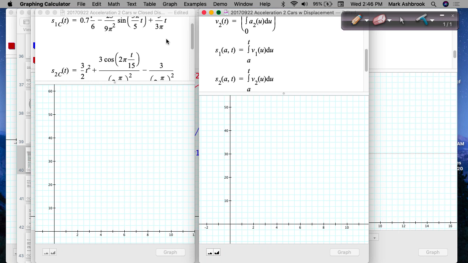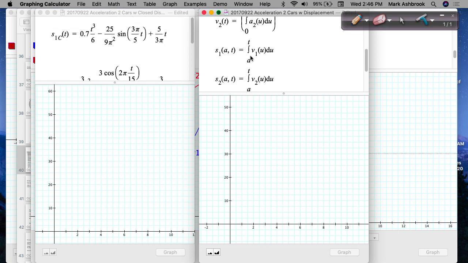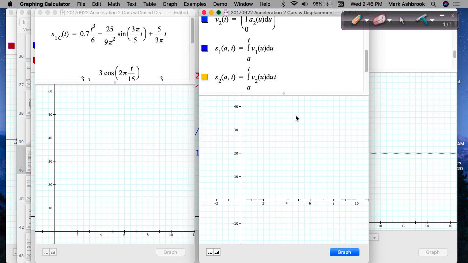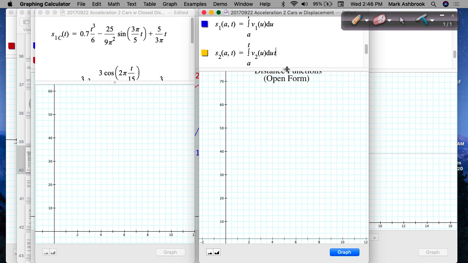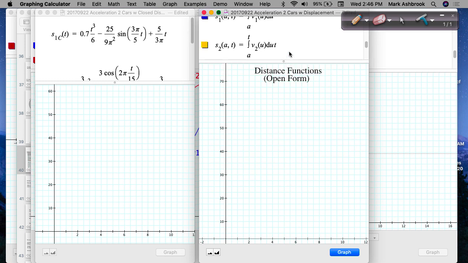So it's the same position functions of the cars in closed form versus open form. Okay, so now watch. I'm going to graph the open form version of these position functions, and look what happens.